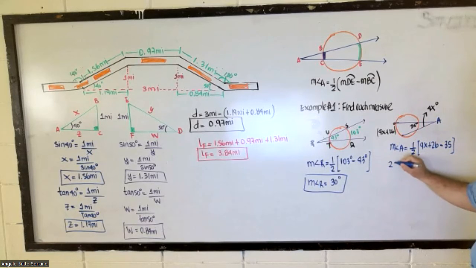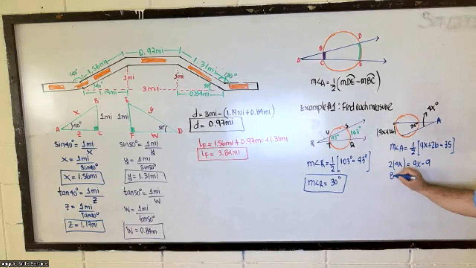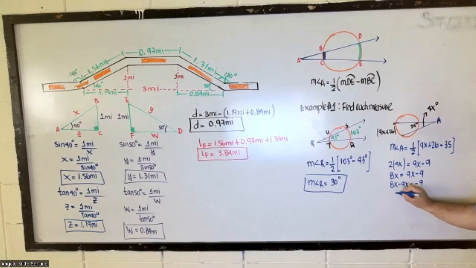This number 2 is dividing, so it passes to multiply. We got 2 times 4x equals 9x, and 26 minus 35 will be negative 9. So 8x equals 9x minus 9. 8x minus 9x equals negative 9. Negative x equals negative 9. For that reason, x equals 9. So we got the answer for the letter X.